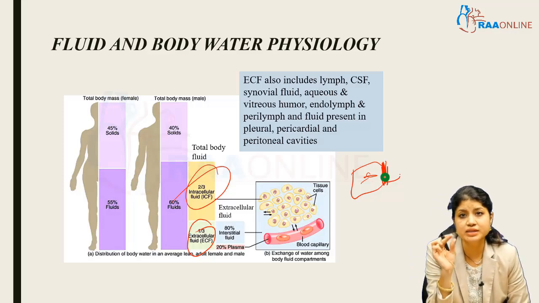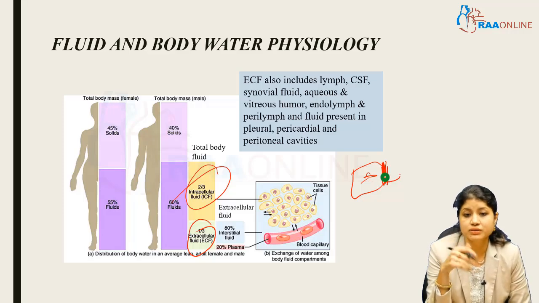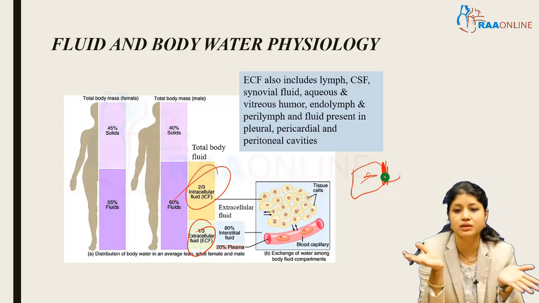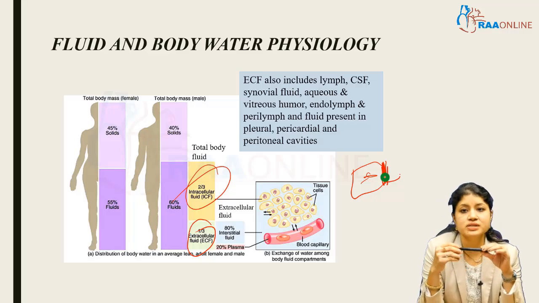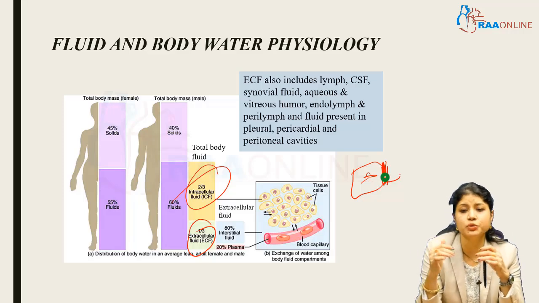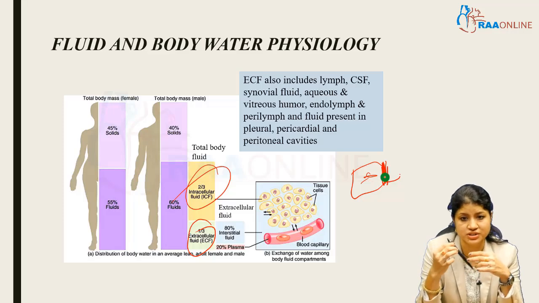So, the least important, that is the 20% of the fluid which is part of the 1/3 of your extracellular fluid, holds the major hemodynamic or homeostatic balance of the entire body, that is your plasma. So, it is this 20% of plasma which alters your entire hemodynamics and contributes to all your fluid and electrolyte physiology.